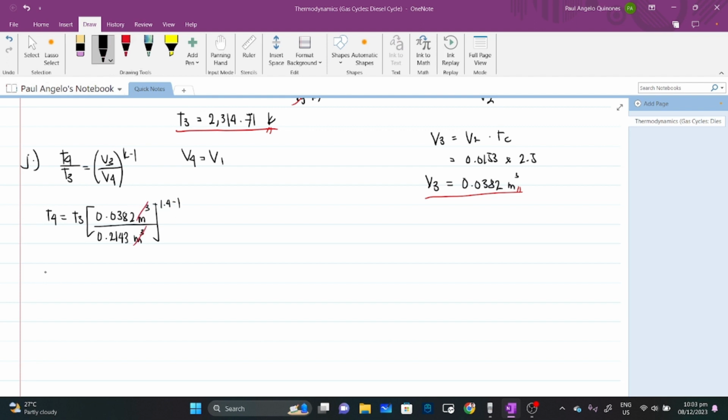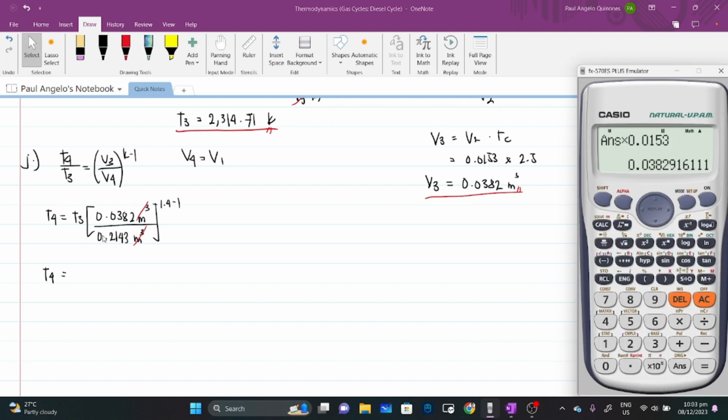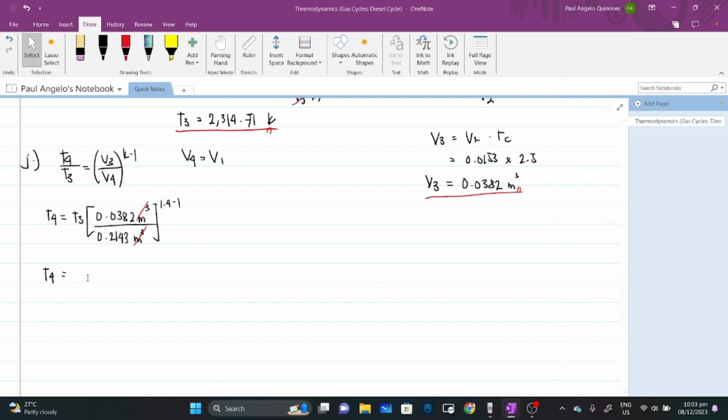Let's substitute T3, which must be 2314.71 Kelvin, times 0.0382 over 0.2143, raised to 1.4 minus 1.